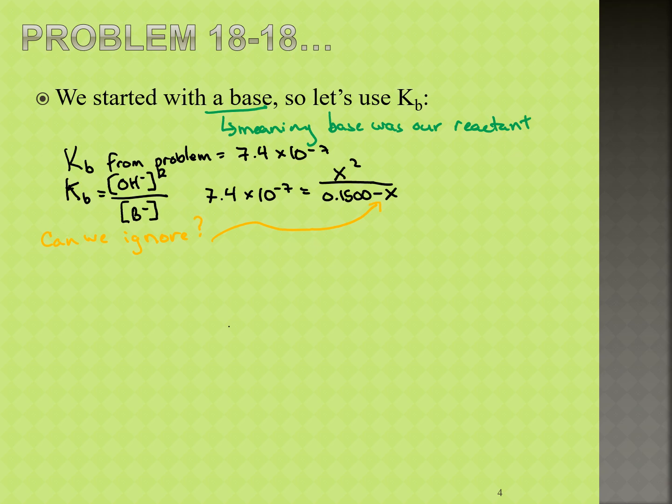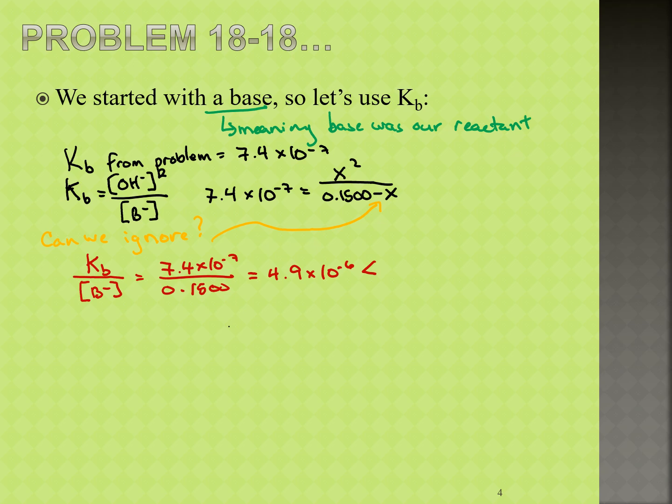All right, can we ignore that x in the denominator? Well, what I'm going to do is look at my Kb and divide that by my concentration of base. So 7.4 times 10 to the minus 7th divided by 0.1500 is 4.9 times 10 to the minus 6th.